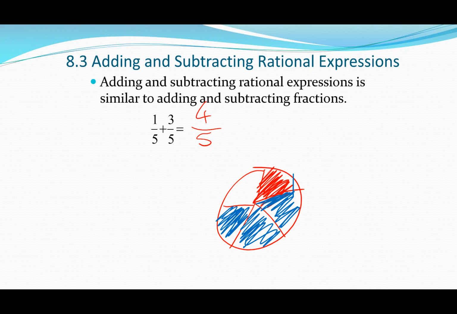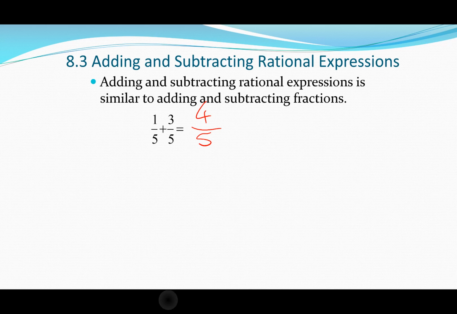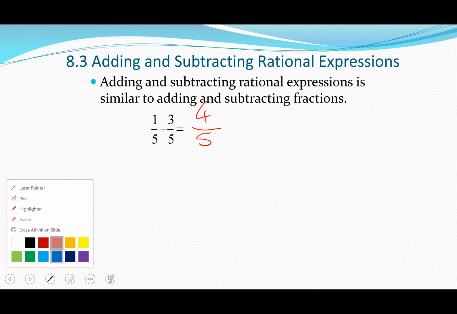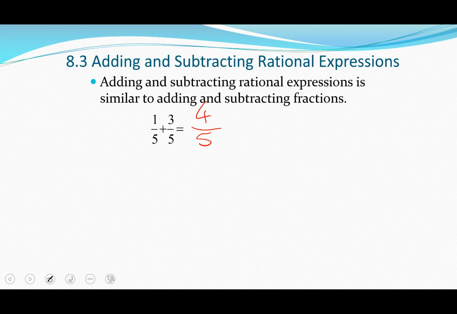Then altogether, you've got, of course, 4/5 of a pizza. So that's kind of the idea. You have to keep the denominator the same because that's sort of its base. So it's very key to us that we have the common denominator for adding purposes.